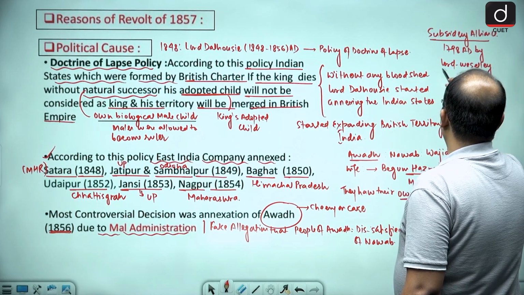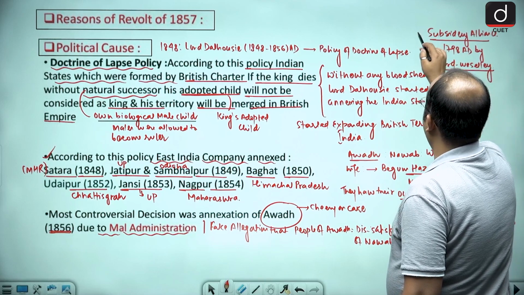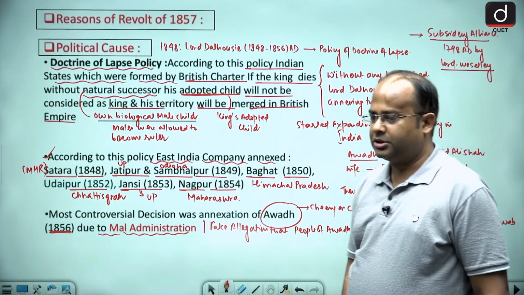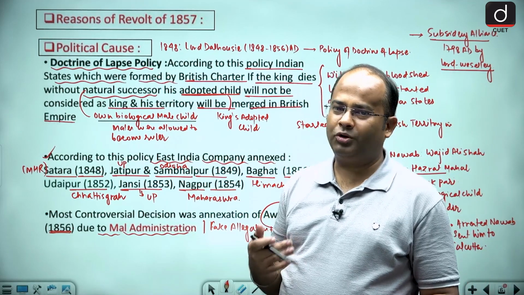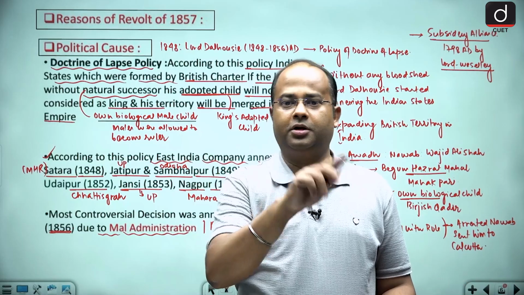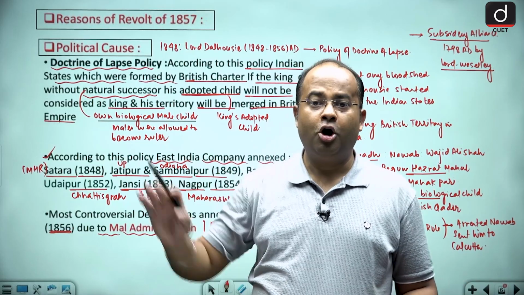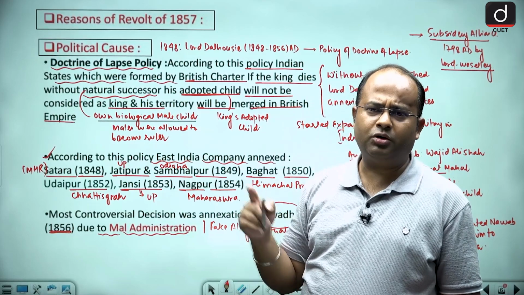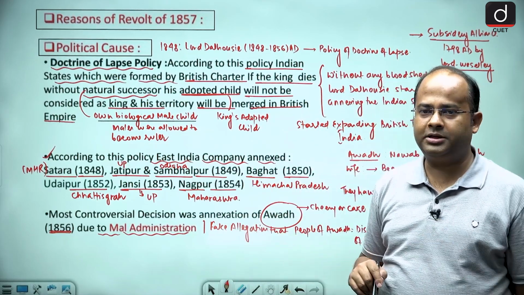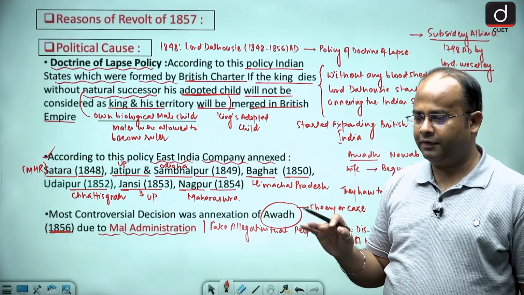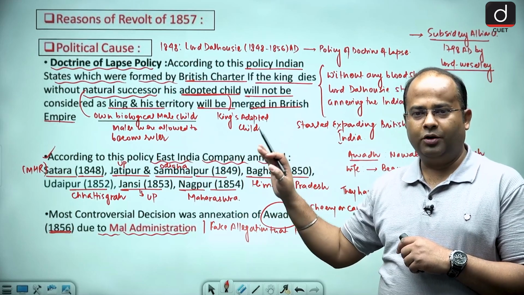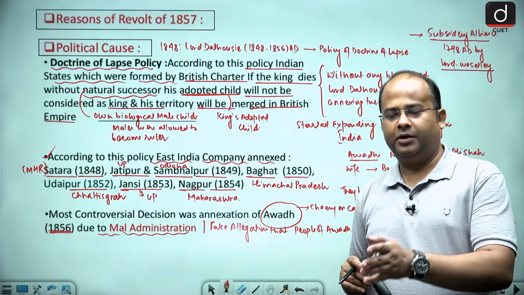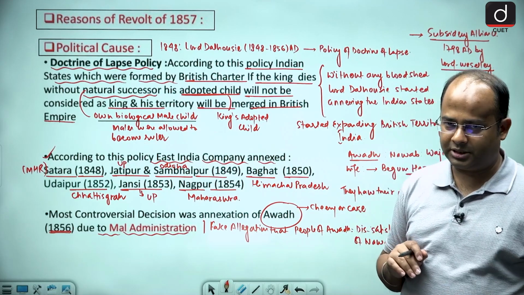So another reason for the revolt of 1857 was the subsidiary alliance as well. Although the main reason was the doctrine of lapse, you can quote the subsidiary alliance as one of the reasons of the revolt of 1857. I hope it is clear to all of you guys. Do let me know, and then we will move to the next reason.